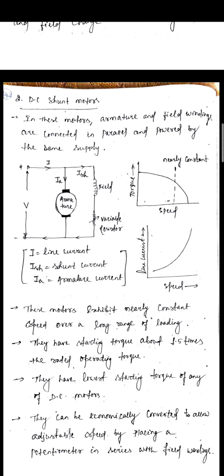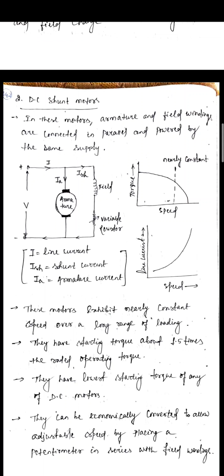Clear? Now you can see the torque versus speed and line current versus speed graph. These motors exhibit nearly constant speed, as you can see in the graph, over a wide range of loading.